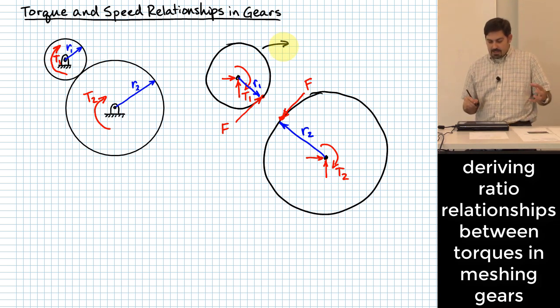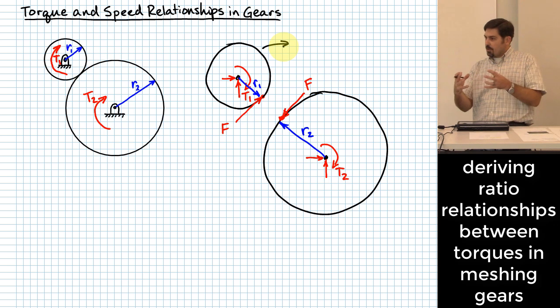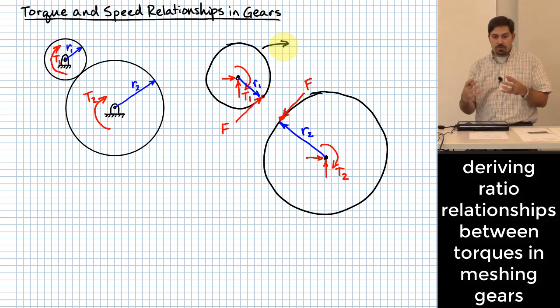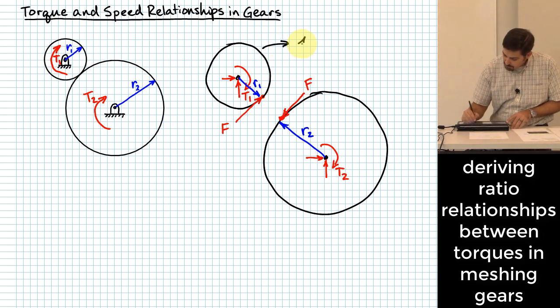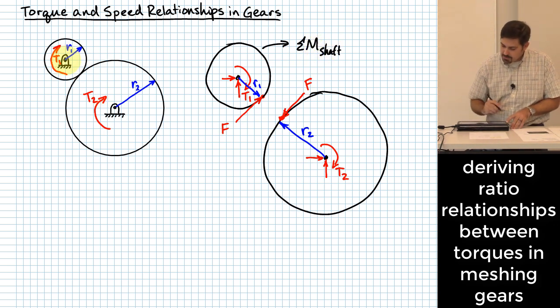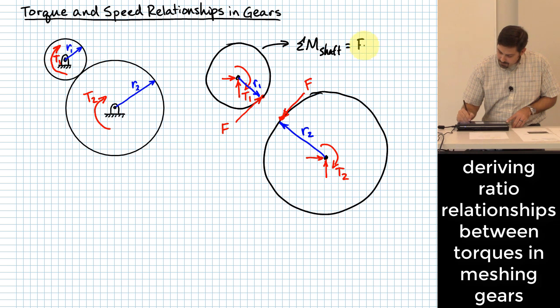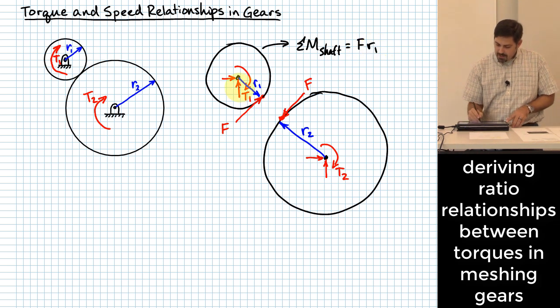Okay. Yeah, so basically, someone started to state the relationship there. What you're doing, though, is taking a sum of moments around the shaft, right? The pin or shaft or whatever you say is right there. And you're saying that we've got a counterclockwise moment of F times R1 and a clockwise moment of T1, and that has to be equal to 0.